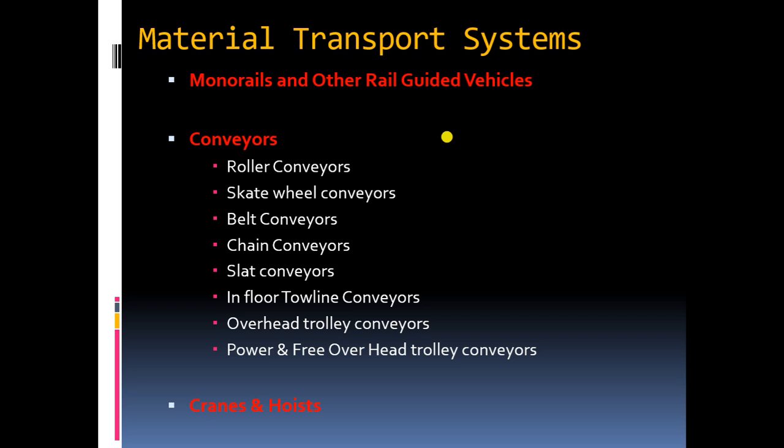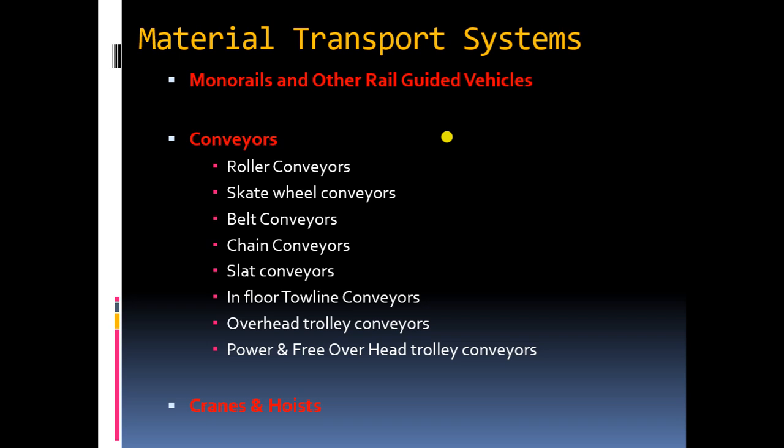In powered conveyors, the power mechanism is contained in the fixed path using chain or belts or rotating rolls or other devices to propel loads along the path. Powered conveyors are commonly used in automated material transport systems, in manufacturing plants, in warehouses, in distribution centers.